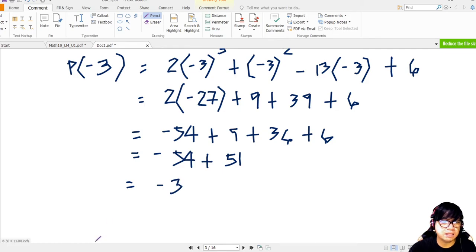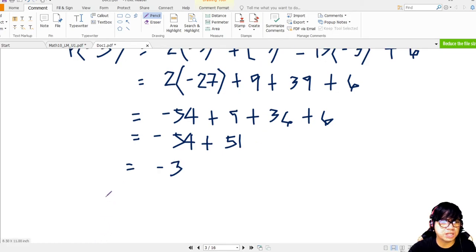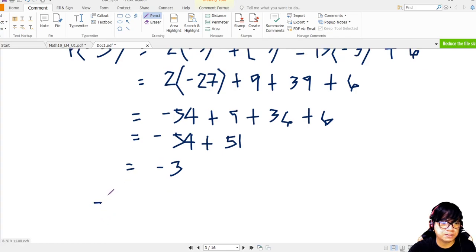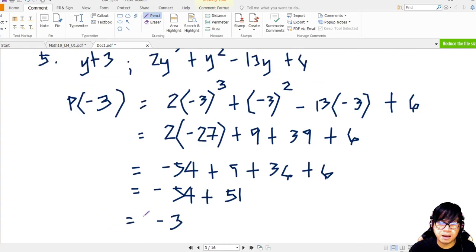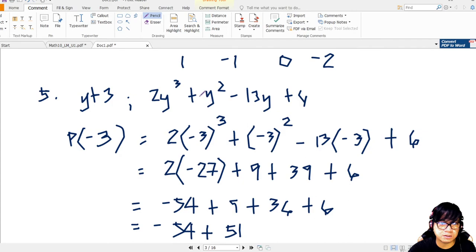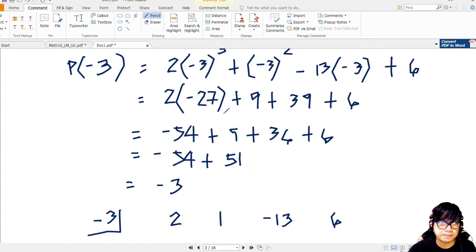So, try daw natin using synthetic division. So, mag-double check tayo, no? So, our divisor is negative 3. Okay, may missing term ba? Well, there is no missing term. So, susulat na lang natin siya. 2, 1, tapos negative 13, 6. Understood na 1 yung coefficient ng y dito.